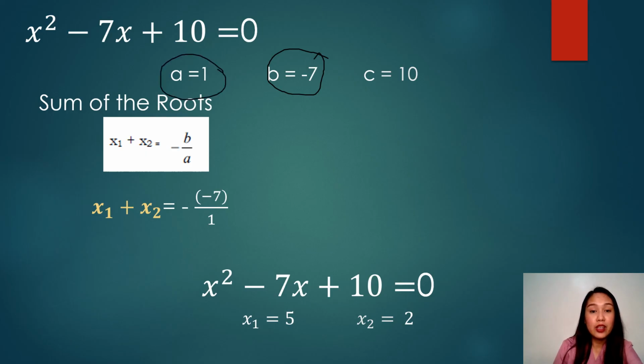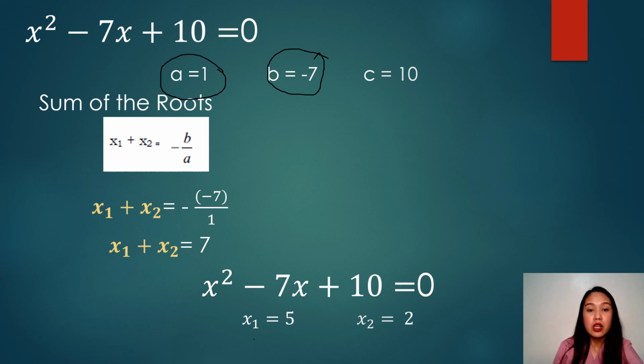So that's negative of negative 7 over 1; negative times negative gives you positive, and 7 over 1 gives you 7. Therefore, the sum of the roots of this equation is 7.